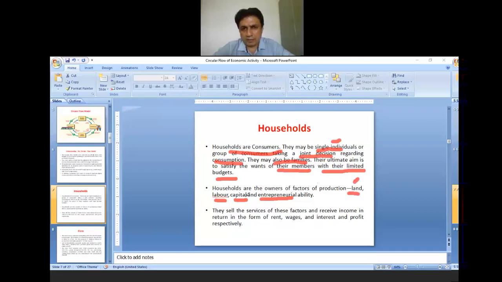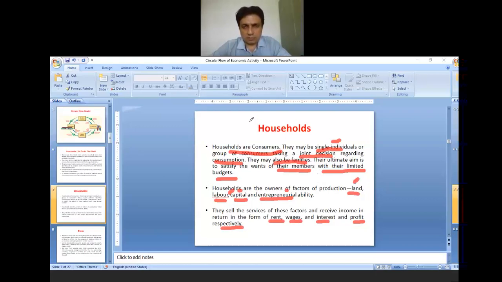They sell the services of these factors and receive income in return in the form of rent, wages, interest, and profit respectively. All the consumers need products for their livelihood, and in order to purchase those products, they need to spend money in the market.